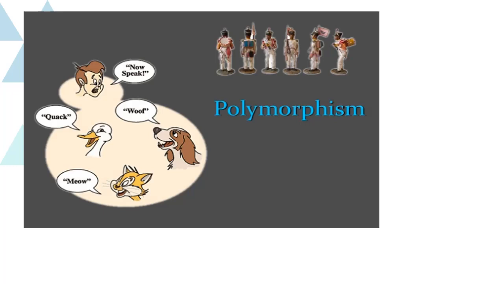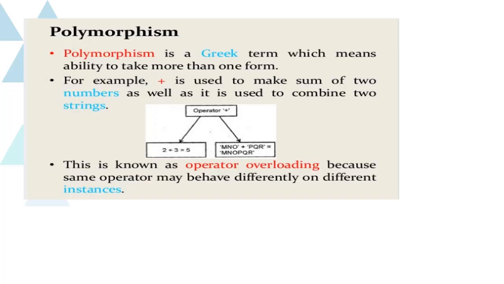So now the next property of object-oriented programming is polymorphism. Ability to change form is known as polymorphism. Polymorphism means many forms. Method overloading, method overriding and interfaces are examples of polymorphism. So let's understand polymorphism with the help of this simple example.